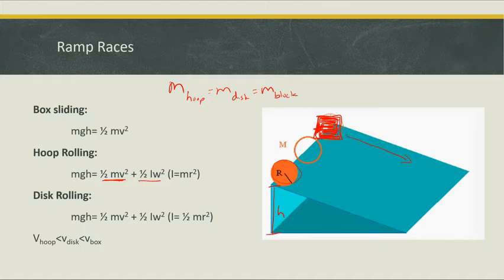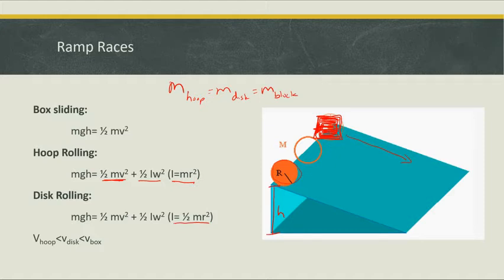But we need to look at what our I is. If we're looking at our hoop, I is equal to mr squared. Then when we're looking at our disk, we have 1/2 mv squared plus 1/2 I omega squared, but our I is 1/2 mr squared. So our I for our disk is going to end up being smaller than our I for our hoop.